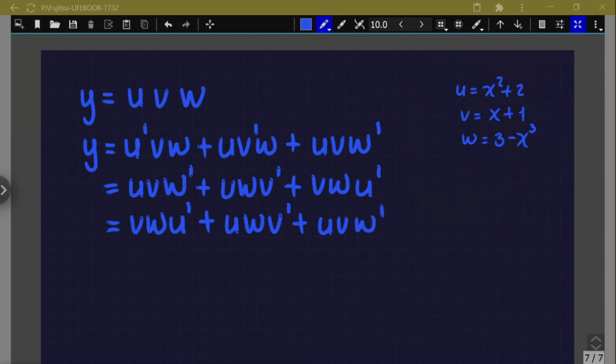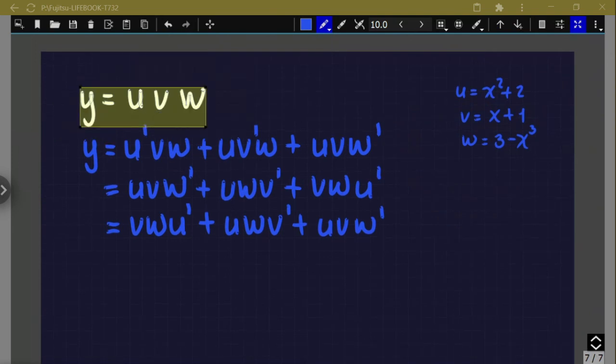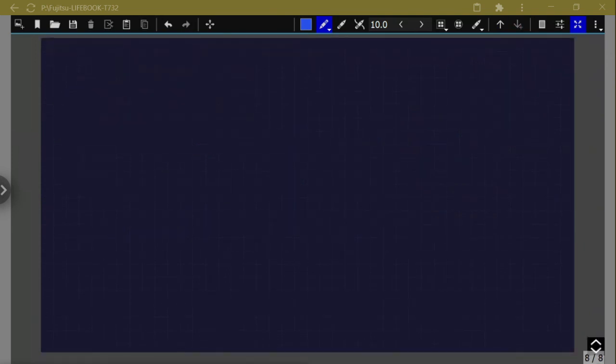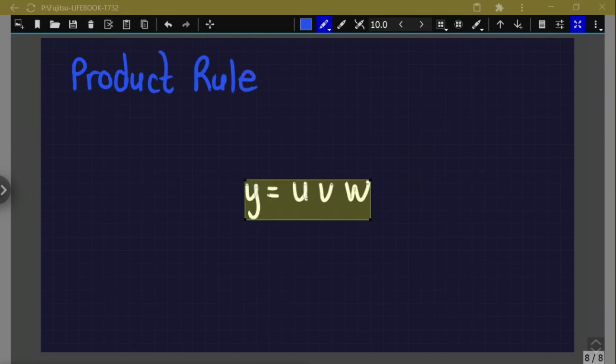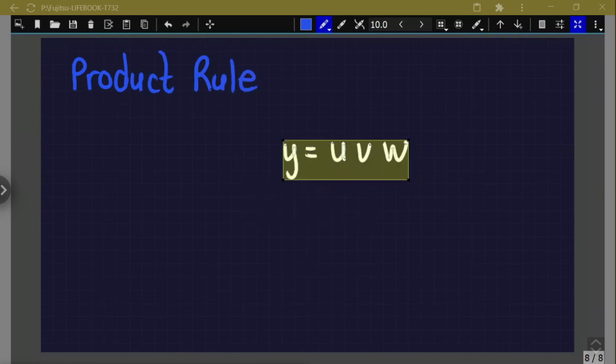When you have something like this, to express it cleanly, let's see what we can do here. Product rule for an expression similar to this.